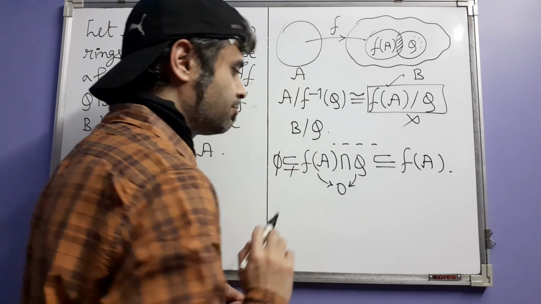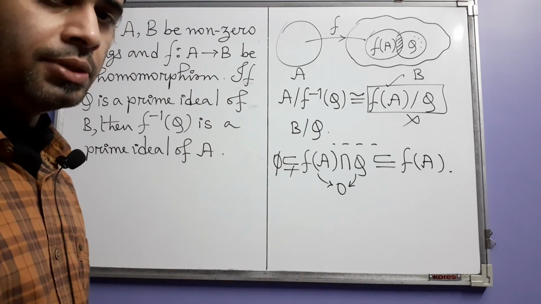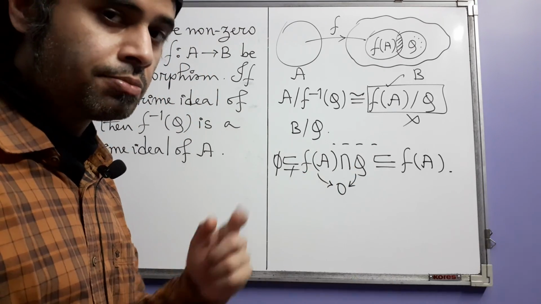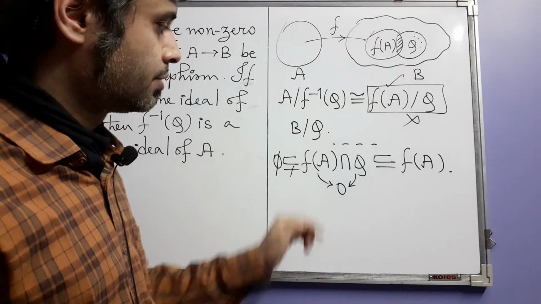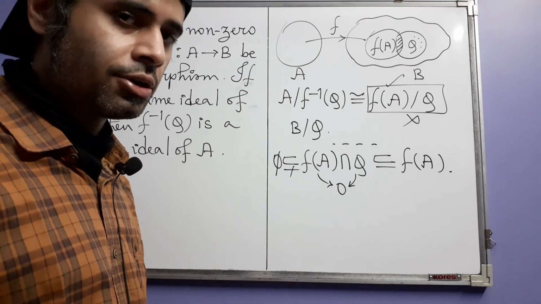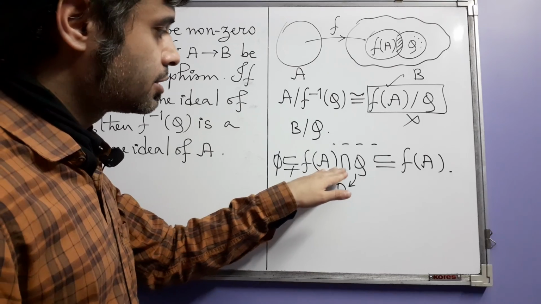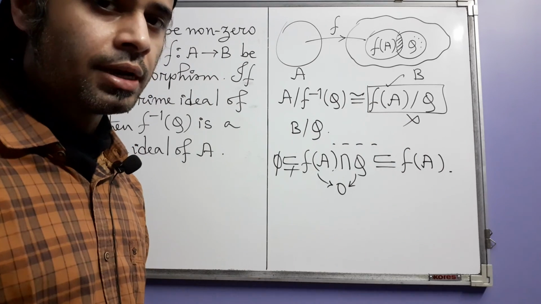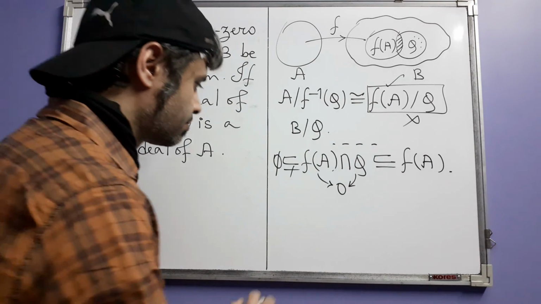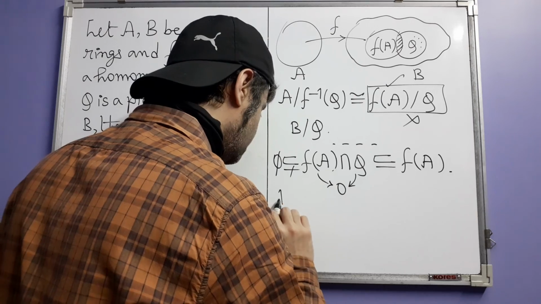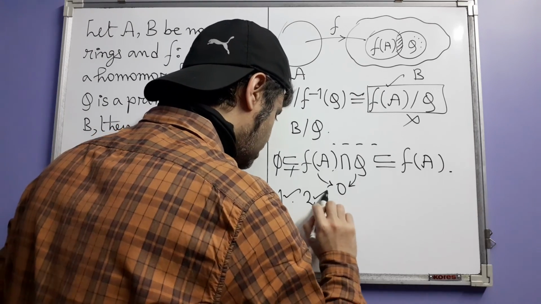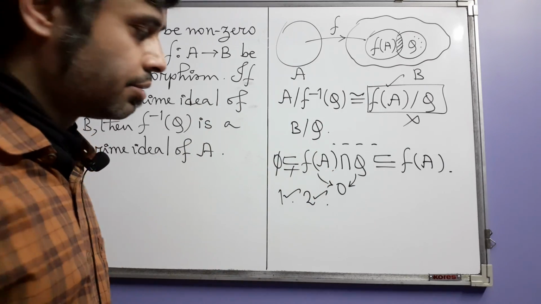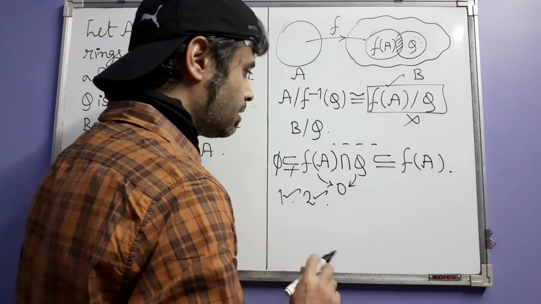Q being an ideal of B is also an additive subgroup of B. So, their intersection is automatically also an additive subgroup of B, because intersections of subgroups are also subgroups. In particular, because this intersection lies inside this, this is a subgroup of this as well under addition. Okay, so subgroup non-empty, subgroup under addition. Next, we have to prove that this is an ideal. So, for that, ideal in what ring?